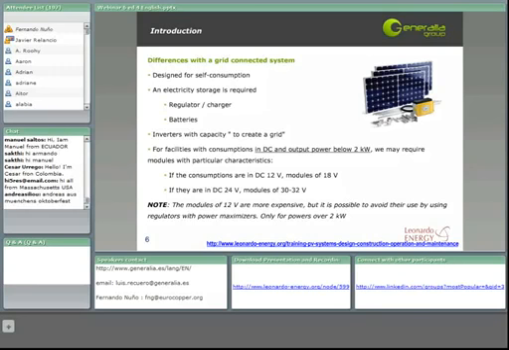We have to know that normally the modules produce a voltage between 30 and 32 volts. So these types of modules are more expensive, but we can maybe reduce costs, because then we don't need a regulator with power maximizers. Anyway, we have to check both possibilities with the manufacturer in order to see which one is the most profitable for our project.